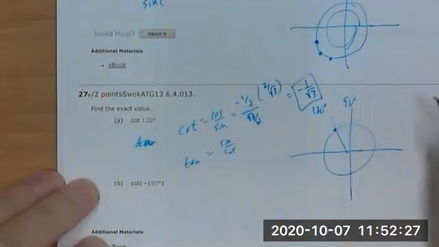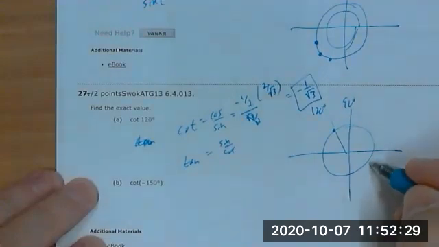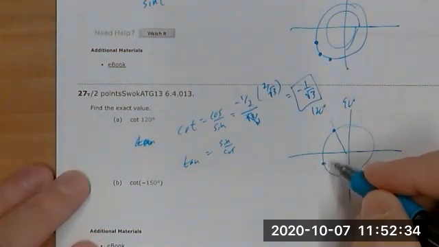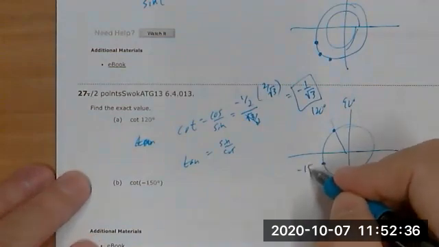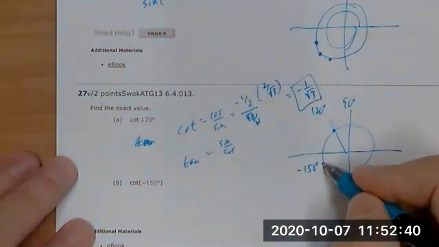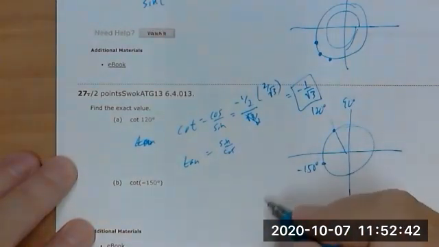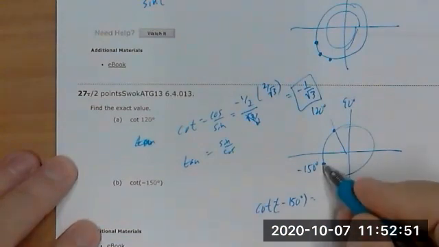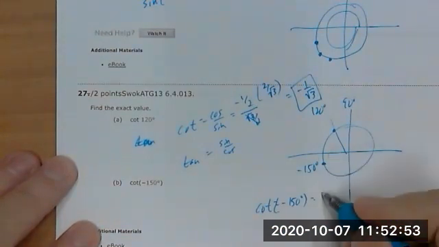Cotangent -150. Let's figure out where -150 is. So -90's here, and I'm going 60 degrees more. It looks like I'm right here. That looks like -150 degrees. That point there, so cotangent is cosine, the x of this point, which is negative square root of 3 over 2, over the y, which is -1/2.